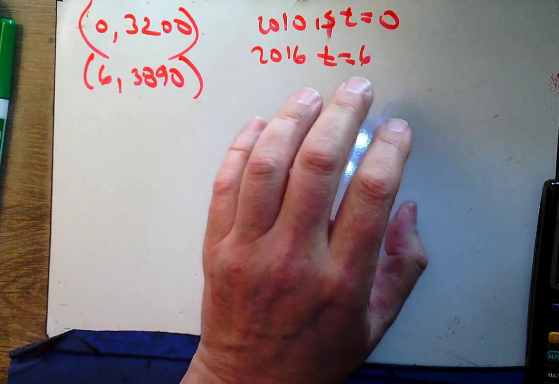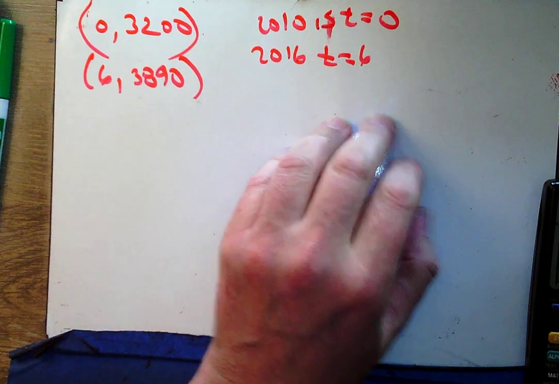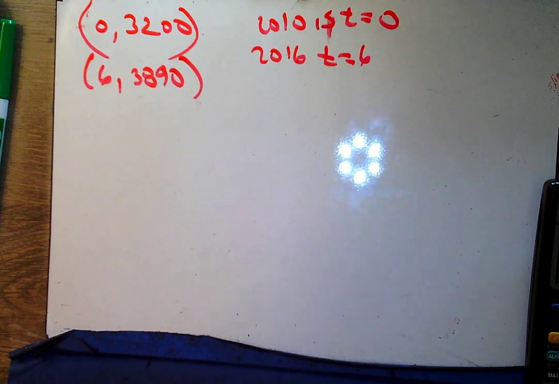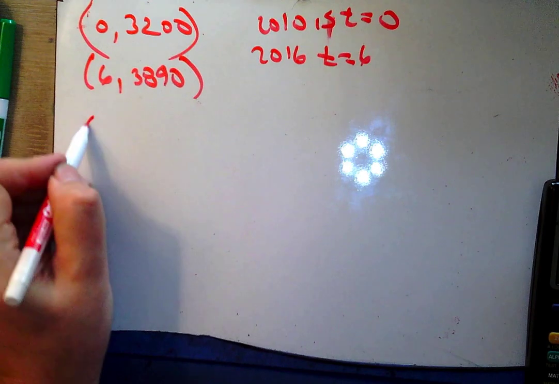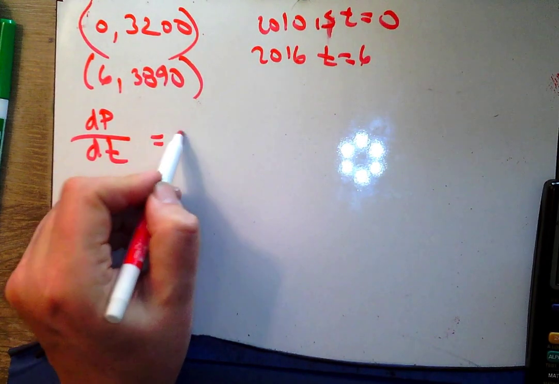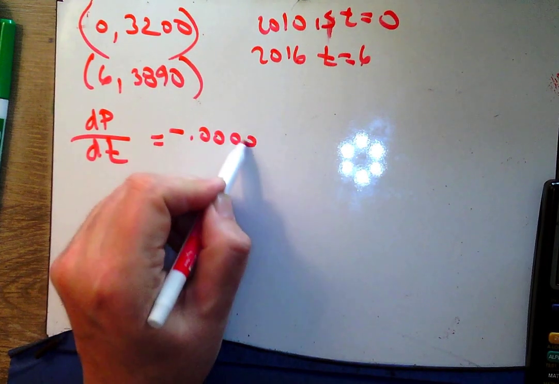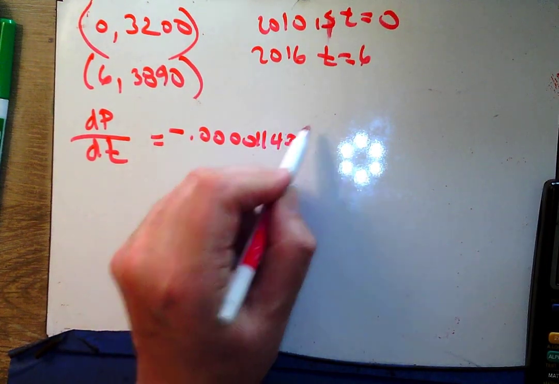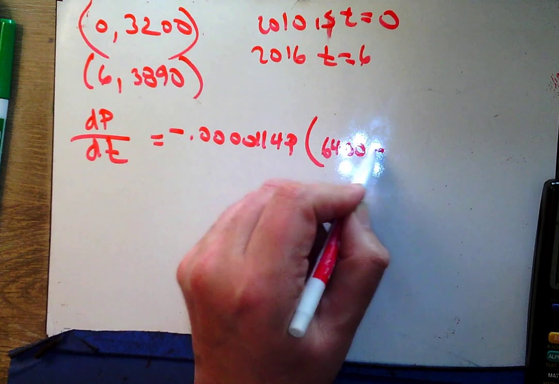Okay. Oh, isn't that interesting? The rate of change in the population with respect to time is negative 0.000114 p times (6,400 minus p).